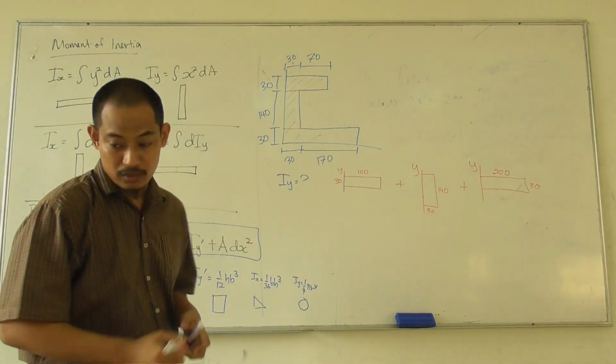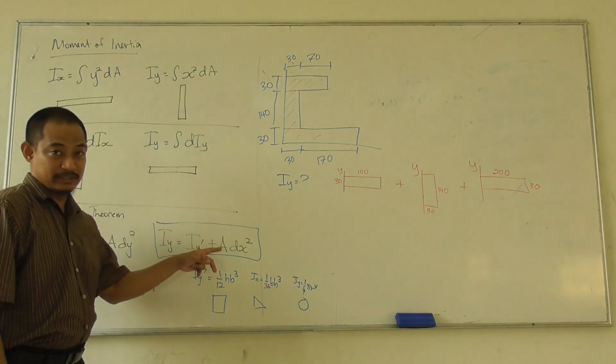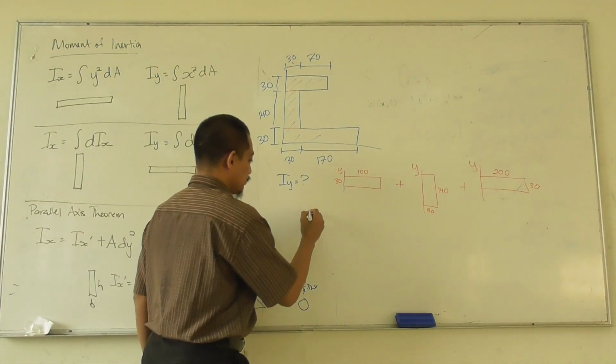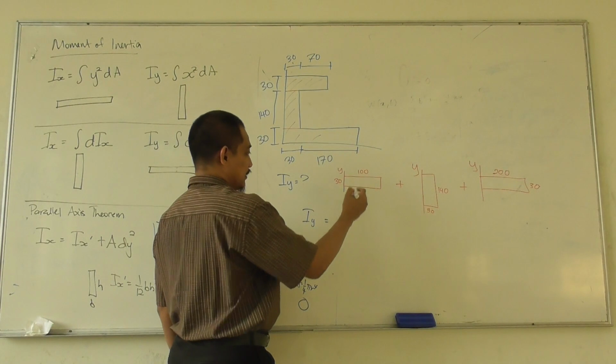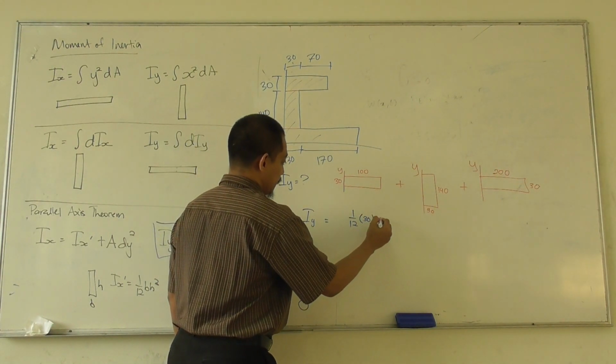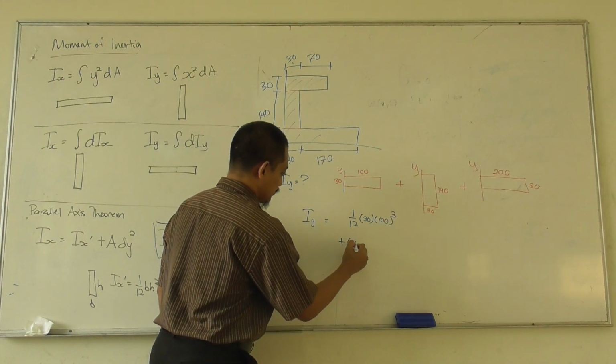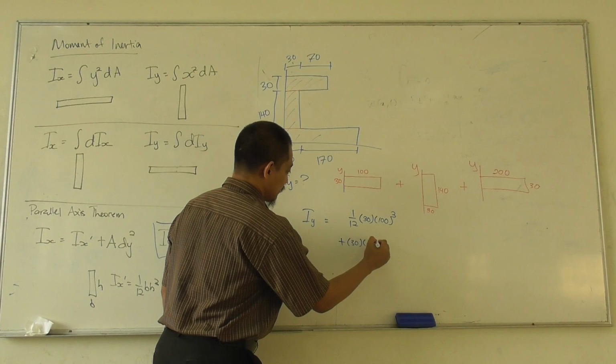So what you do is again, Iy is Iy prime plus A dx squared. So Iy in this case is 1 over 12 times 30 times 100 cubed plus 30 times 100.